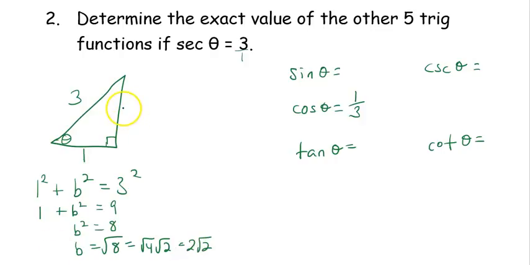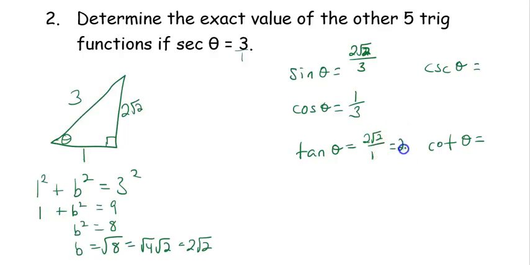That means the side I was missing is 2 square roots of 2. Now I can get the other trig functions that I couldn't before. First, with my sine, I have opposite over hypotenuse, so that would be 2 square roots of 2 over 3. And with my tangent, I have opposite over adjacent, 2 square roots of 2 over 1.